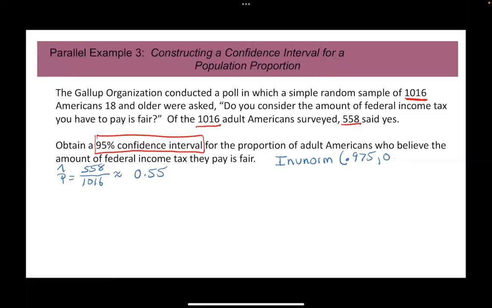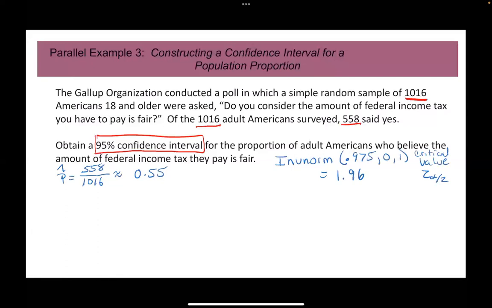This is going to give me my critical value for the z sub alpha divided by 2. So let's do that. 0.975. So that value right there, 1.96. Are y'all with me?